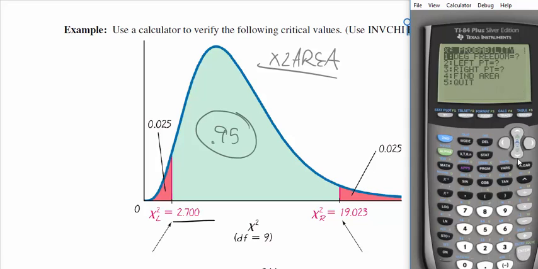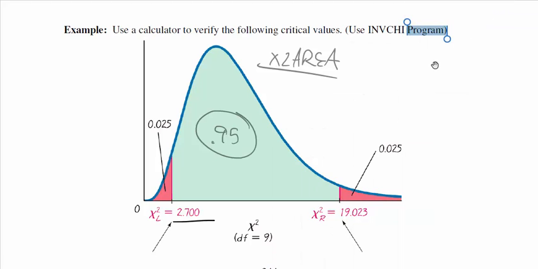And then enter, and then I can go down to quit and quit out of there and be all cleared out to go on to the next example.